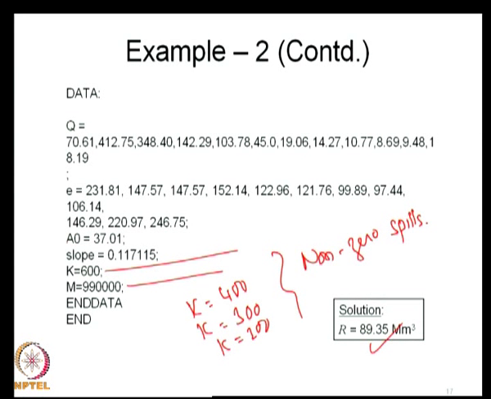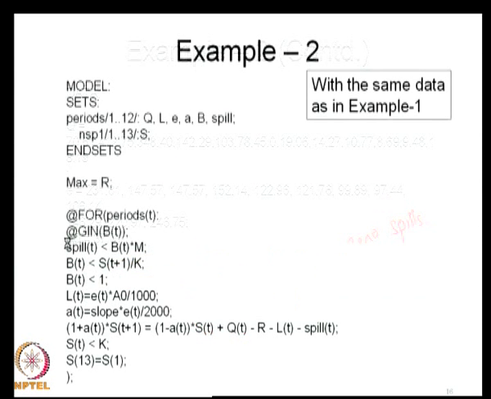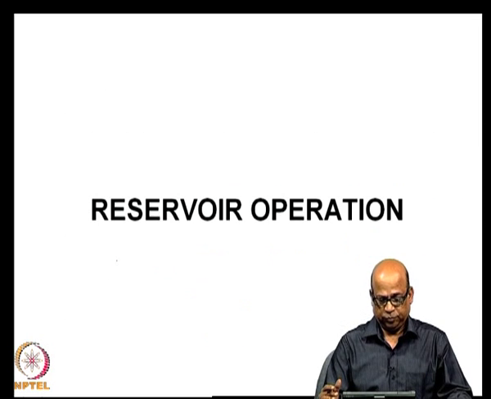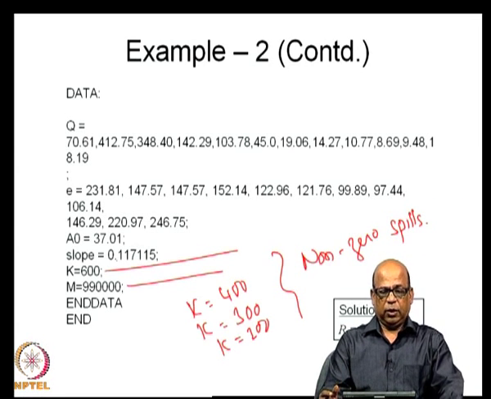This is the way in which you introduce integer variables, and this is called a mixed integer problem. Why mixed? Because there are some variables which are integers, some variables which are not integers.